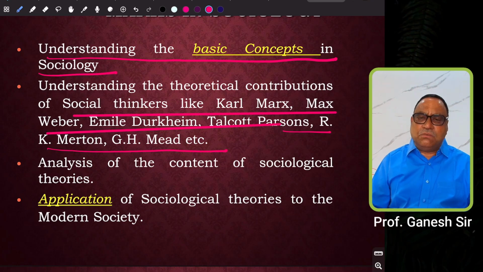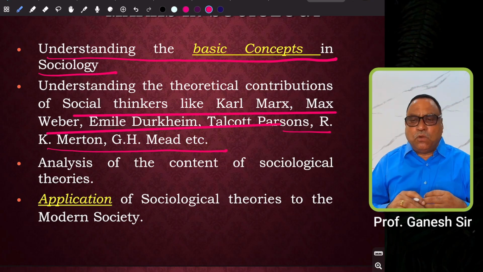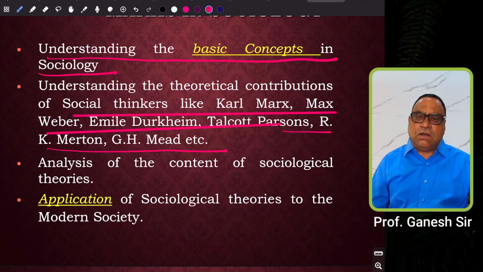For example, Karl Marx has propounded a theory of class struggle, a theory of alienation, and he has also talked about the concept of dialectical and historical materialism. Similarly, Max Weber has talked about the concept of power and authority, and he has also introduced the theory of bureaucracy and theory of religion, known as the Protestant ethic and the spirit of capitalism, and the theory of social action.